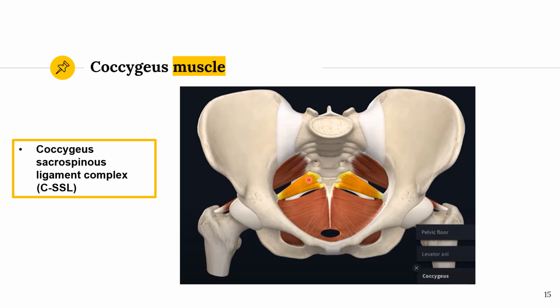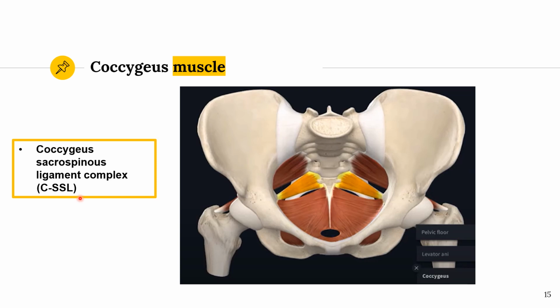At times, distinguishing the two is difficult because they have the same origin and the same insertion. Therefore, often this structure is identified as coccygeus sacrospinous ligament complex, or CSSL complex.